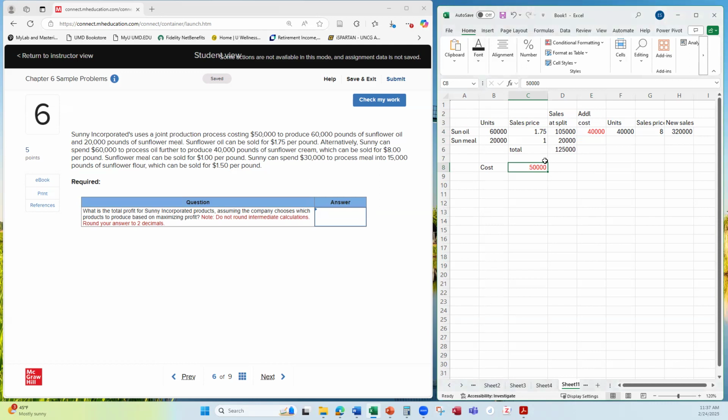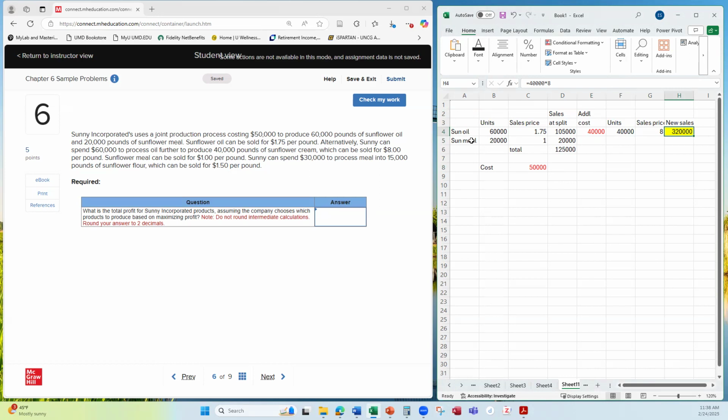So regardless, we're going to have 50,000 in costs. And if we choose to split this off, the new sales that we're going to get is going to be this amount right here. We're not going to get this and this. This goes away and we do this instead. So what we're hoping for is that we would have additional net realizable value here.